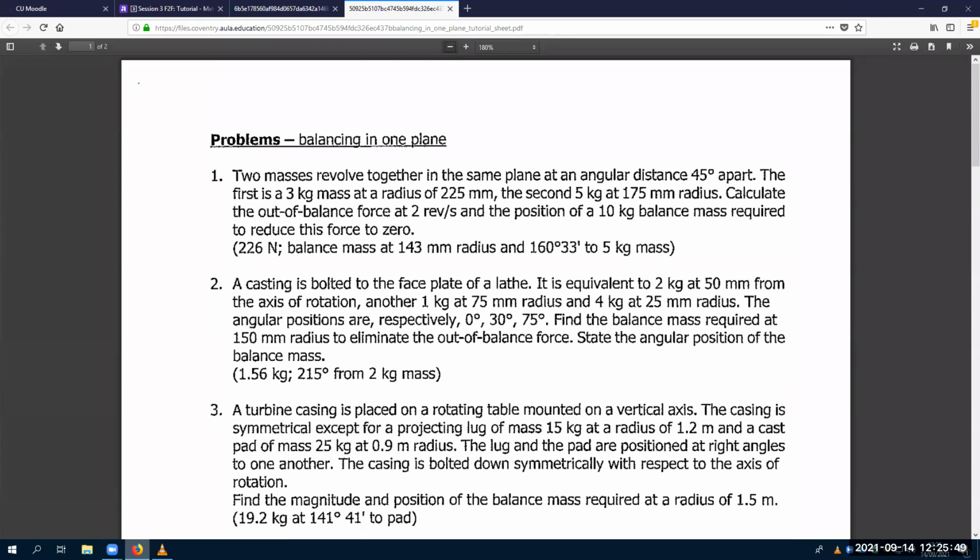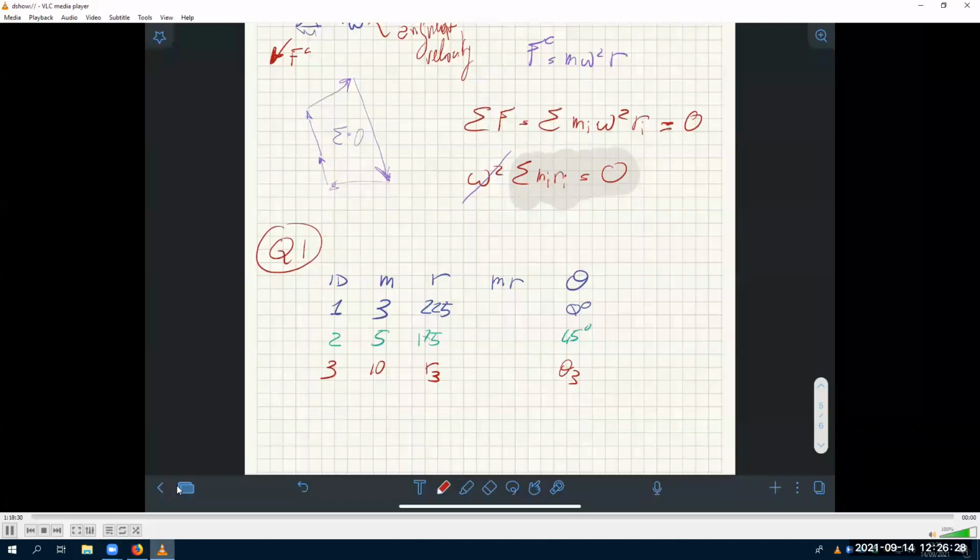And mass 2 is a 5 kilogram mass at 175 millimeters radius and at 45 degrees relative to mass 1. We also have a third mass, which is our balancing mass, which is 10 kilograms at a radius that we don't know. I'll call it R3. And it must balance everything. We don't know the angle, so let's say theta 3.